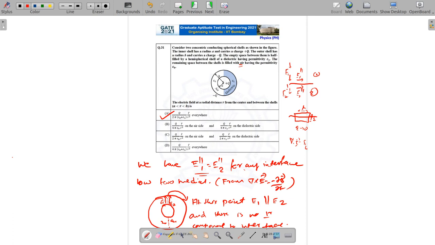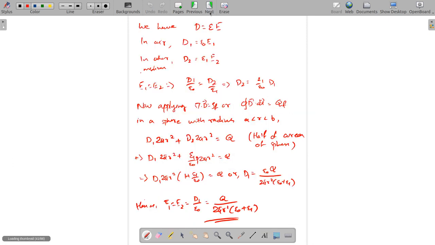At this interface, if E1 is the total electric field in medium epsilon 0 and E2 is that in epsilon 1, then E1 equals E2 by this condition, because your total electric field is radially outward and there is no perpendicular component to the interface. So E1 equals E2. This is the fact you have to use from the boundary condition.